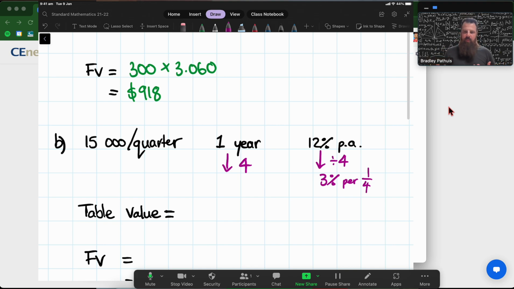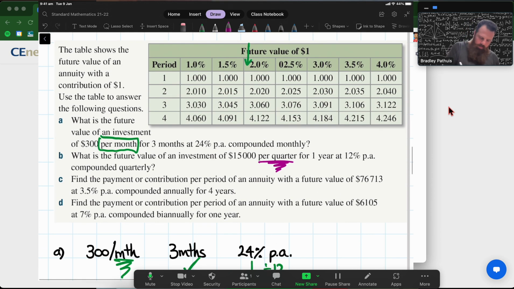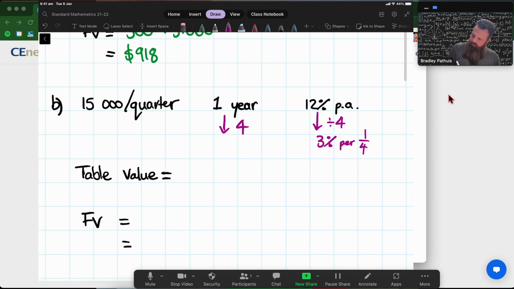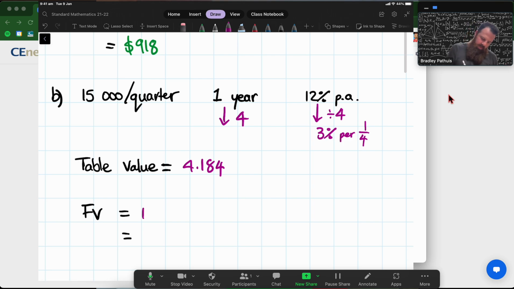Now we go to the table and look for the 3% in the 4 periods column. So we want that number, 4.184. So our future value here is our regular contribution multiplied by that value from the table. And when we do that, we get a value of $62,760.